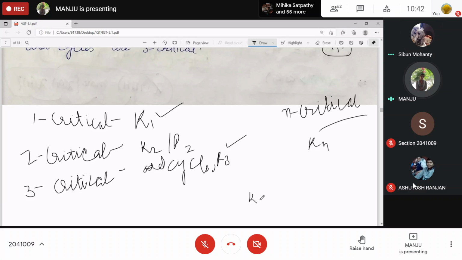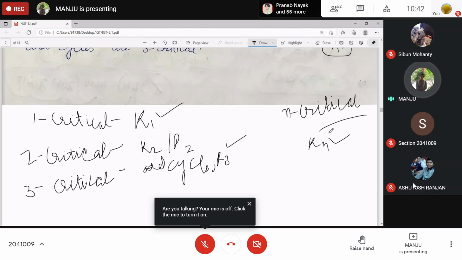K1,n is not n critical. Its chromatic number is 2, right? And its proper subgraph also has chromatic number 2, so that is not a critical graph, or you can just say 2 critical graph. Kn will work because the maximum number of adjacent vertices exist in Kn, right?